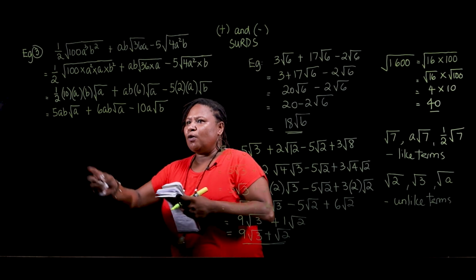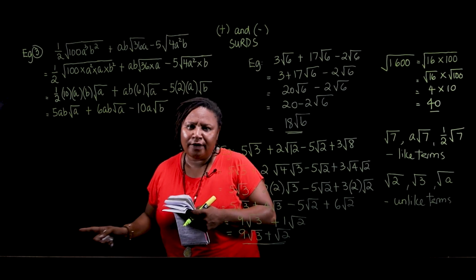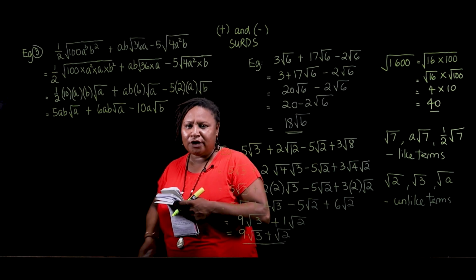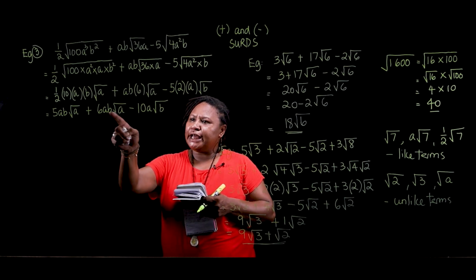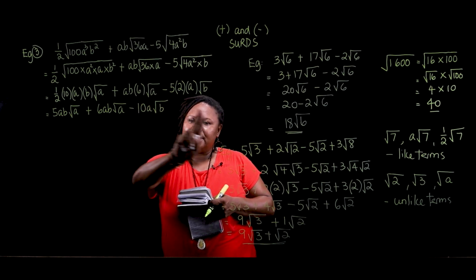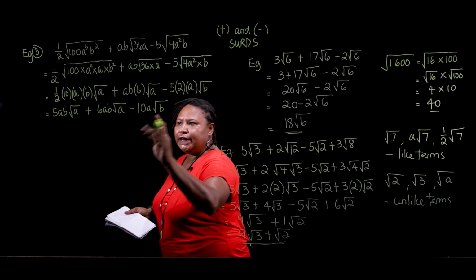All right. So once we remove those brackets, we are now able to see which terms are like terms and which ones are not like terms. So we have root a here and here. So that makes these two terms like terms. This one, unlike term. Okay.